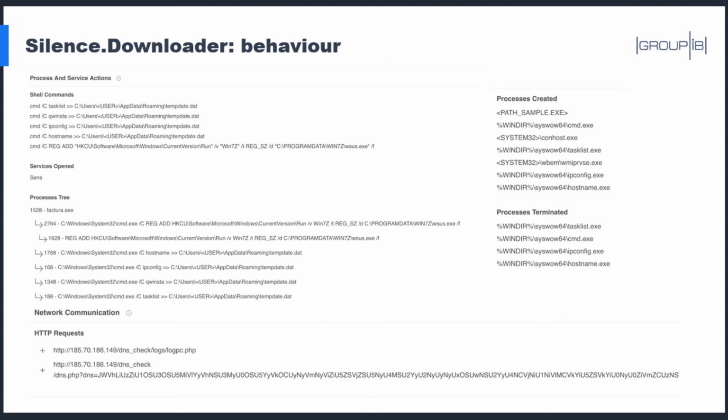If you see a sequence of calling the CMD utility, which runs system utilities like hostname and ipconfig, which save output to a file in the roaming folder, with high confidence you can say that it is Silence downloader. Also, you can see that during communication with the command and control server, Silence downloader sends collected information about the compromised machine in encrypted form in the URL in clear text.